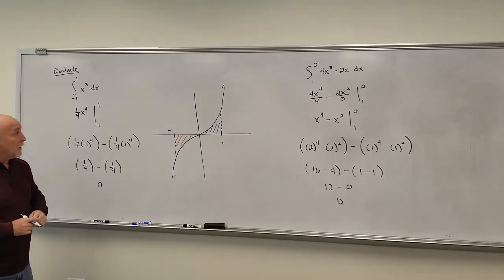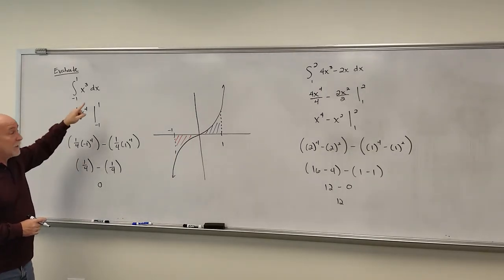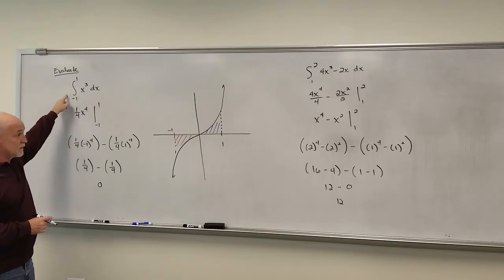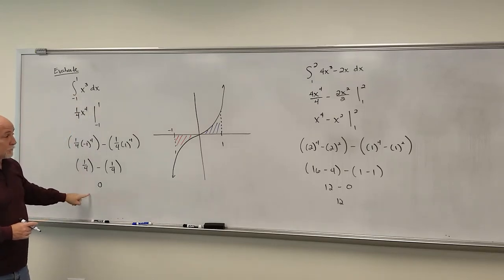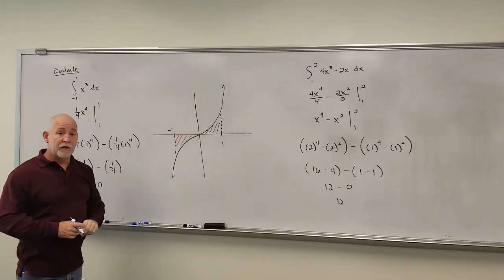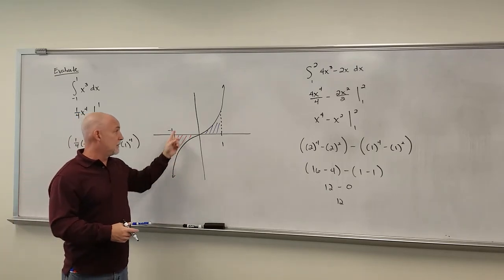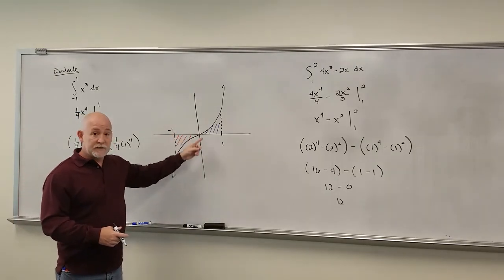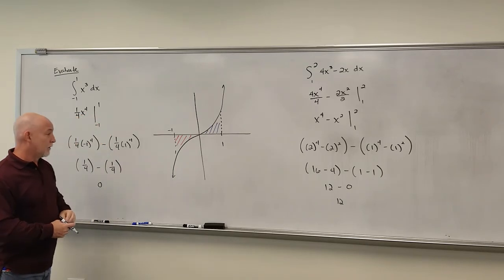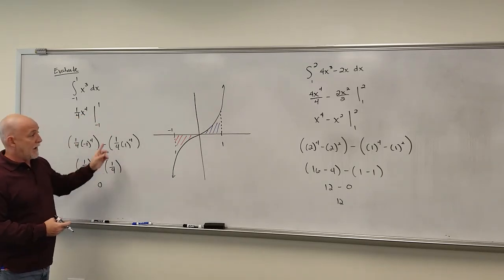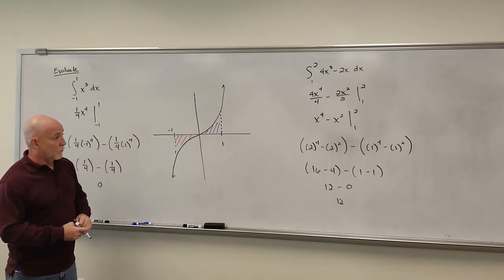Here's the good news. If the directions just say evaluate, it says find the value of this integral, which is 0. However, if the directions said find the area between the curve and the x-axis, the answer is not 0 here. It's actually a half. So we'd have to do some extra work for that.